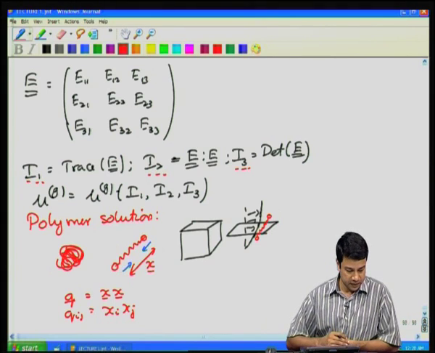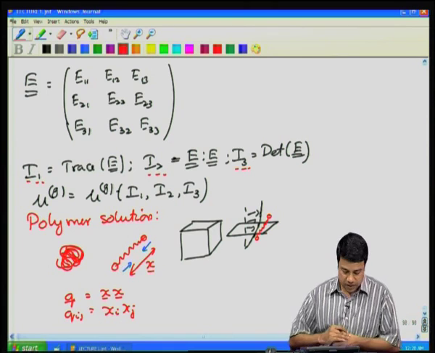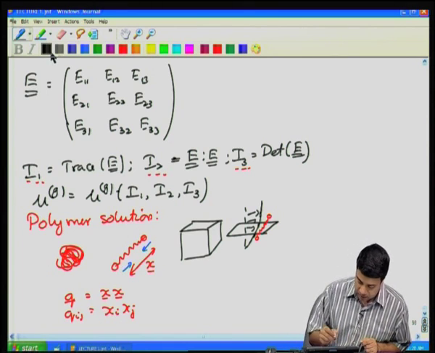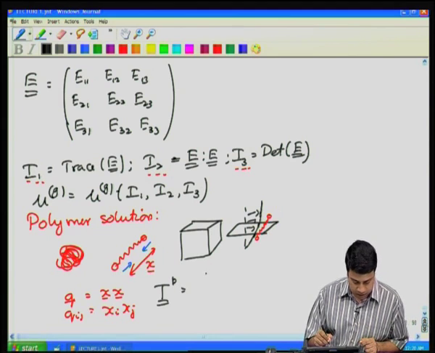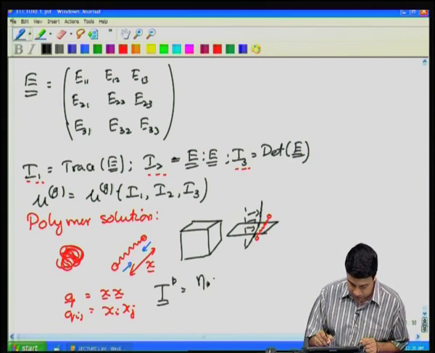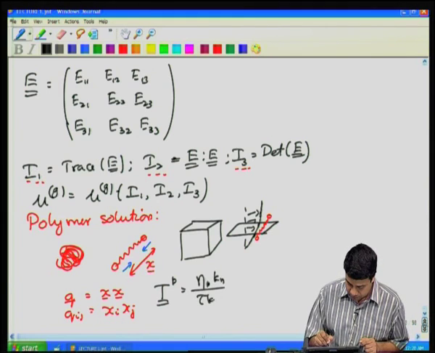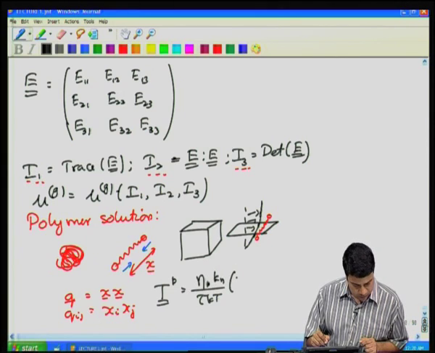And the stress tensor is usually written in this case for the polymers as proportional to x_i x_j. There are some constants here, times x_i x_j minus its equilibrium value.